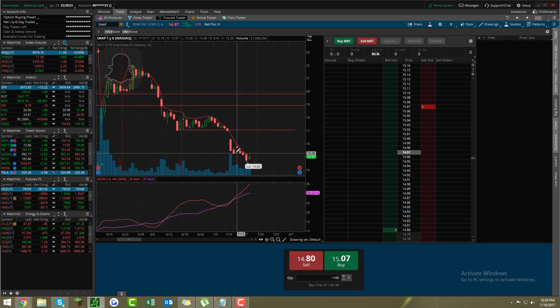Now what I think this looks like is something like this right here, and we get that little guy right there, but I think it's going to start trending lower and lower and lower.